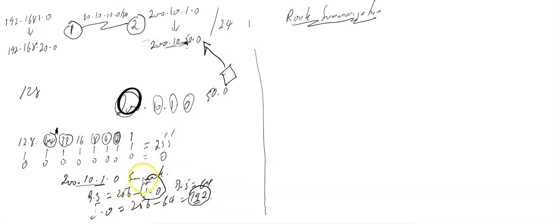So what does that mean? It means the summary mask for these networks here will now be 255.255.192.0.